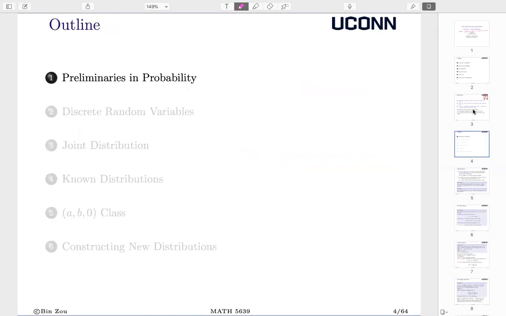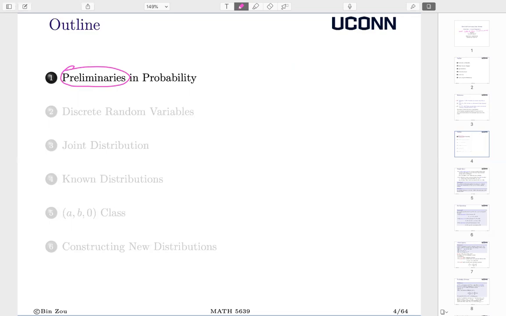Section 1, I call it preliminaries in probability, which is not exactly accurate because they are definitely not preliminaries for this course. It's actually much more advanced. So if you have issues understanding the advanced materials from this section, it's probably okay.